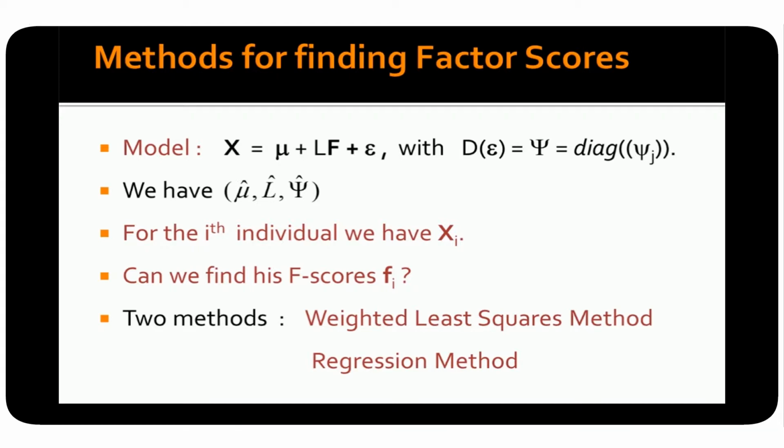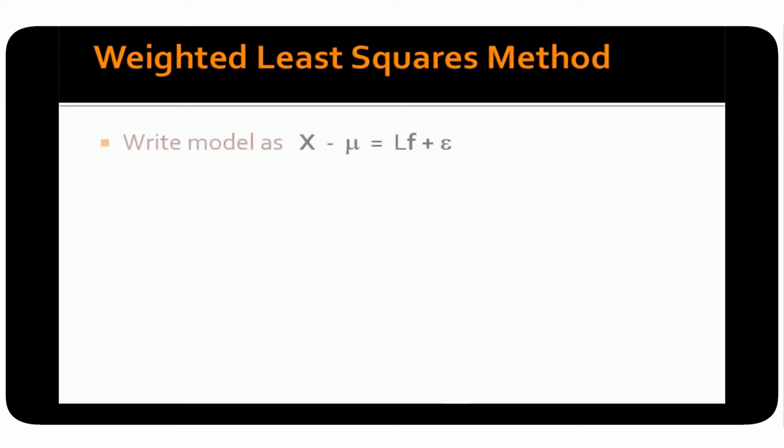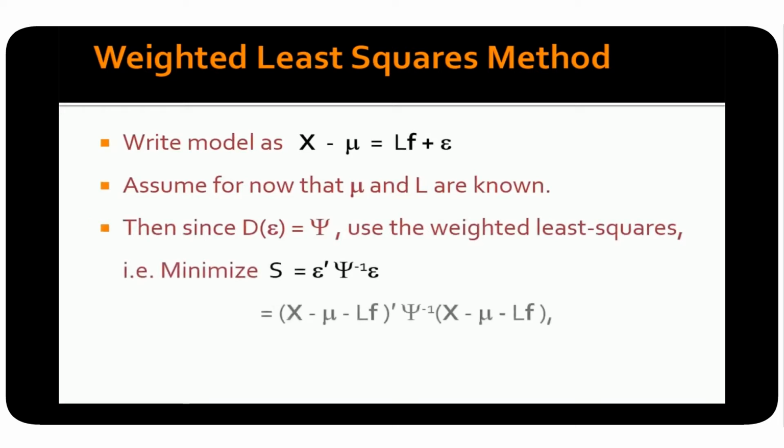Now, if you look at the model, x minus mu is equal to LF plus epsilon. L has been estimated. We have an idea of what epsilon is like. It's the error, and it has a dispersion matrix which we have also estimated. Mu again is estimated from x bar. So, can I find the factor f given all this?